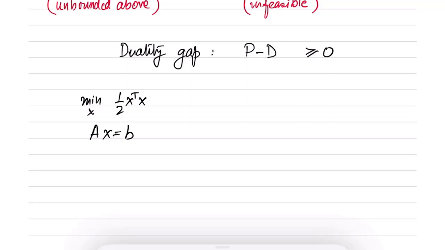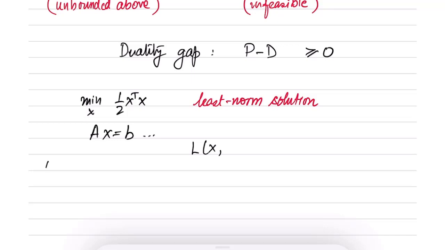This is, by the way, if you recognize this, nothing but the least norm solution to the system of equations Ax equal to b. Note that there are no implicit constraints in this case. So we can write L of x comma nu. Now there are no inequality constraints, so there is no lambda, and there is nu 1 to nu p in this case.